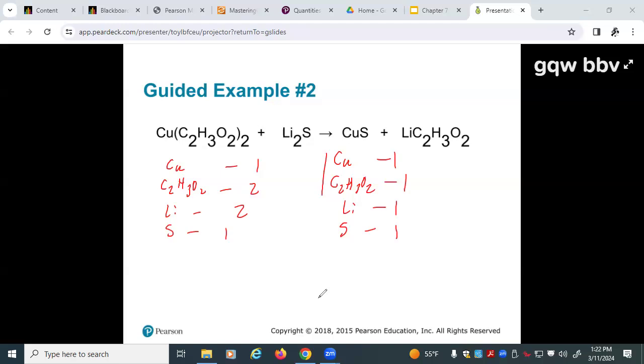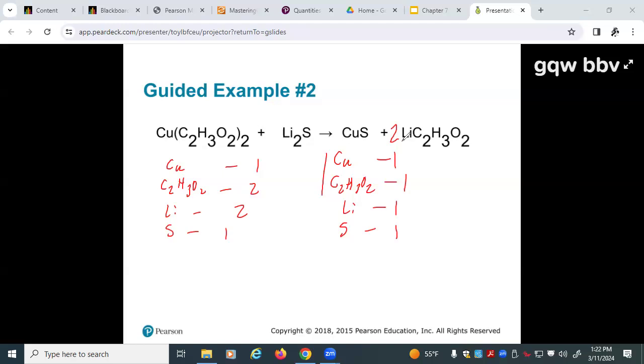I can also see very clearly that the lack of balance is in the acetate and in the lithium, and they happen to be in the same compound. So to balance it, I just need a 2 there. So that's the first part. I've identified the reaction. I've balanced the equation.